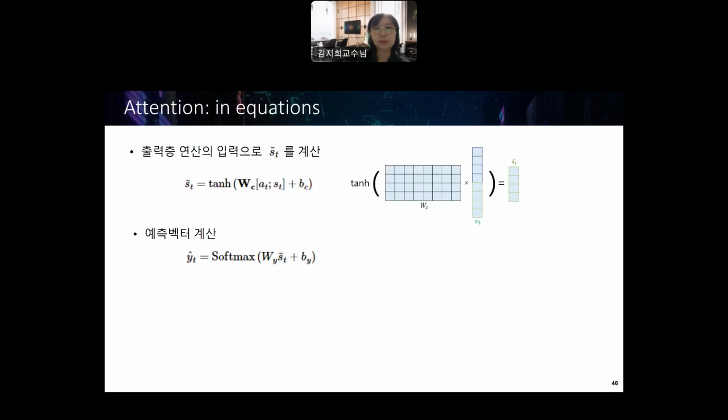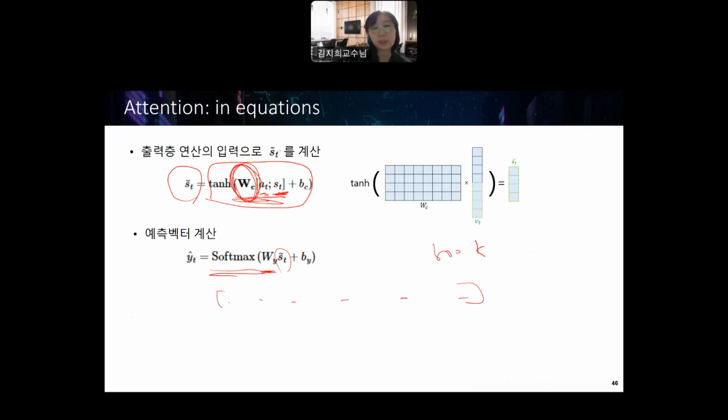And when we create this, we concatenate this together and have some kind of a weight matrix and an activation function, and create this as tilde, and this tilde will have another weight matrix, and this will be a softmax distribution over this, so that we will have a size of 500,000.